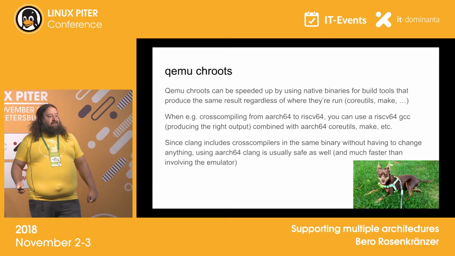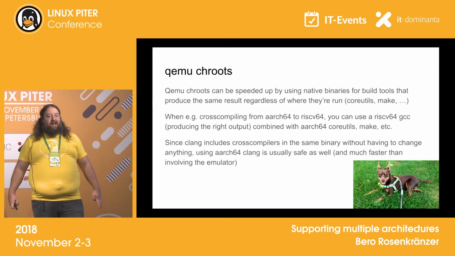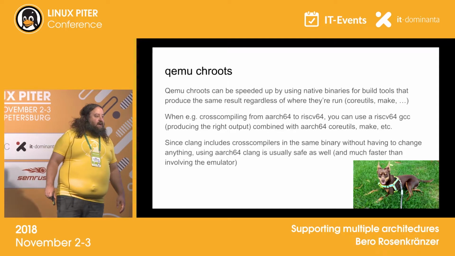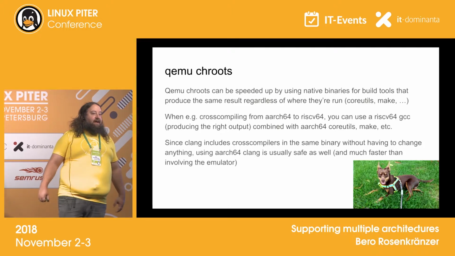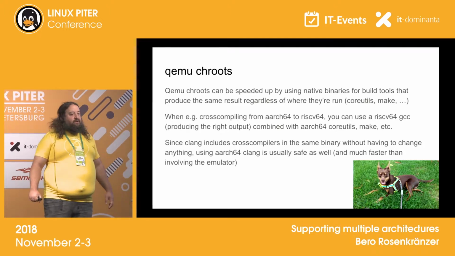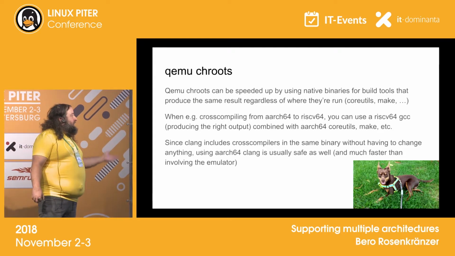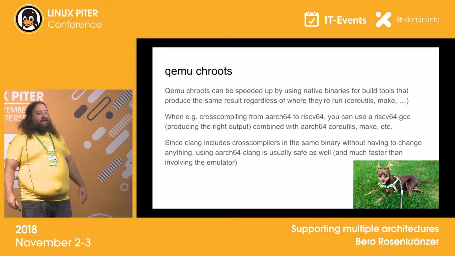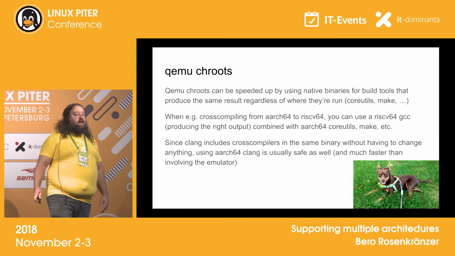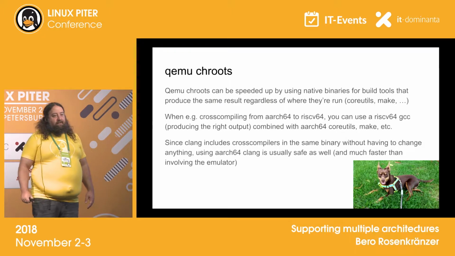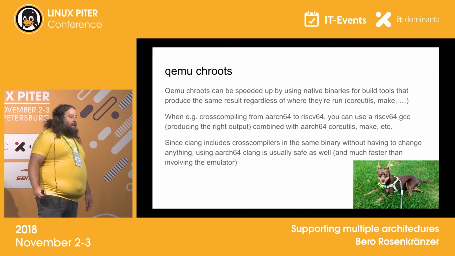So for example, if you have a chroot environment that contains RISC-V binaries, and you know that your build process is going to use make and clang and LD, you can just copy the x86 versions of make and clang and LD into the chroot environment, and then those will be run in place of the RISC-V versions in QEMU, which is much faster.